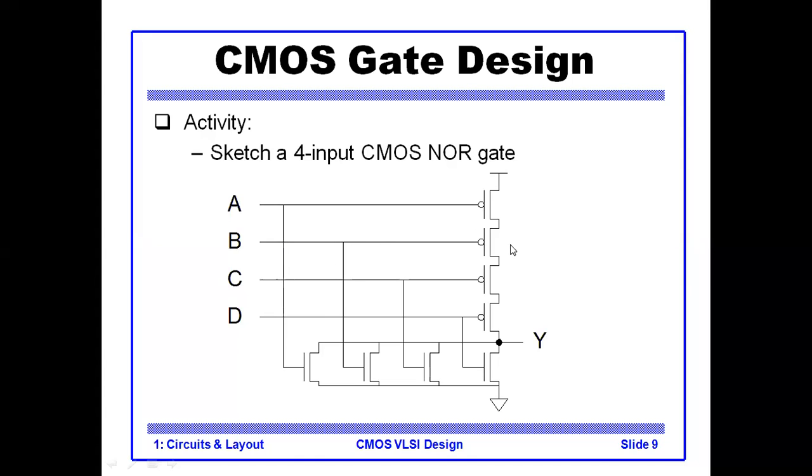So here all the terms are with addition. In the case of the PMOS transistors, for the addition operation, all the PMOS transistors are in series. And oppositely, in the pull-down network, all the transistors are connected in parallel.